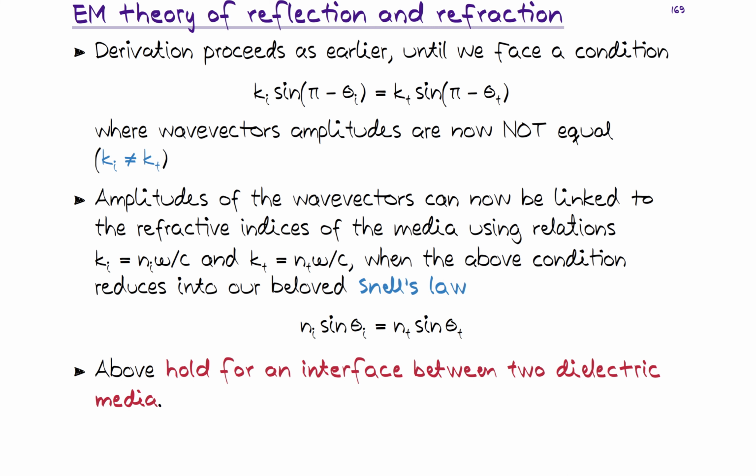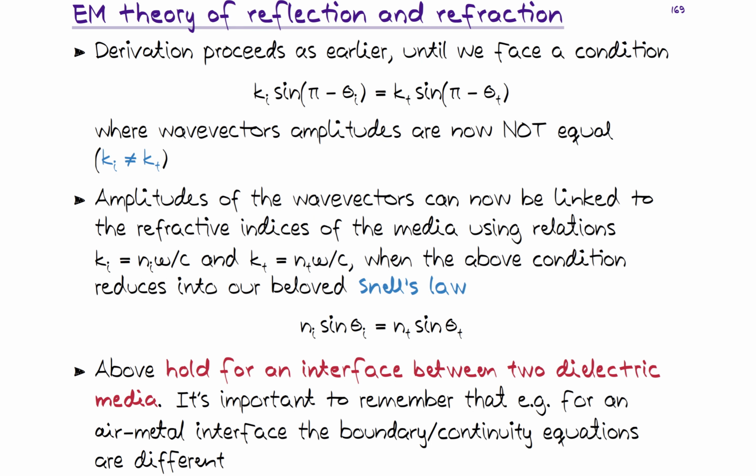We started with the Maxwell-Faraday equation, and this is what we ended up with. If you needed to do the same thing for, let's say, an air-metal interface, then the boundary conditions and the continuity equations would be different. So please be warned, this is not always true, it really depends on the materials of interest, but they do apply for dielectrics. This was my final warning.